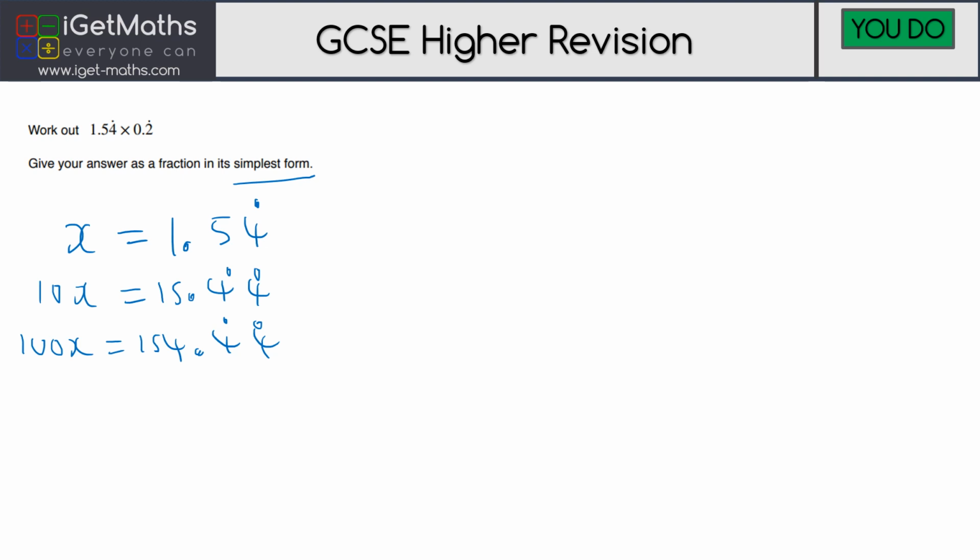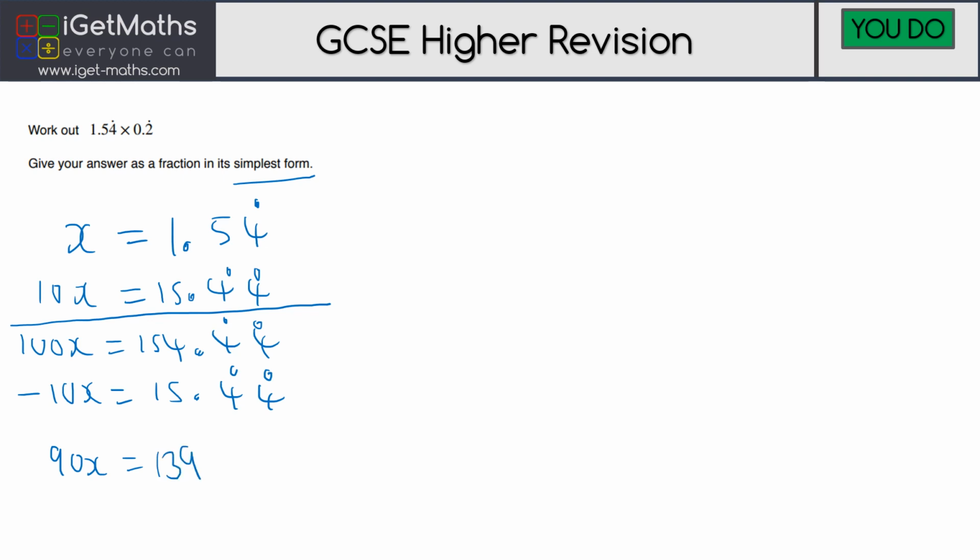And what we can subtract is 100x minus 10x, and 100x minus 10x will give us 90x, and 154 minus 15 gives us 139, and the two recurring 0.4s will cancel. We're going to divide this by 90 on both sides. That will now give us x is equal to 139 over 90 as the first fraction.